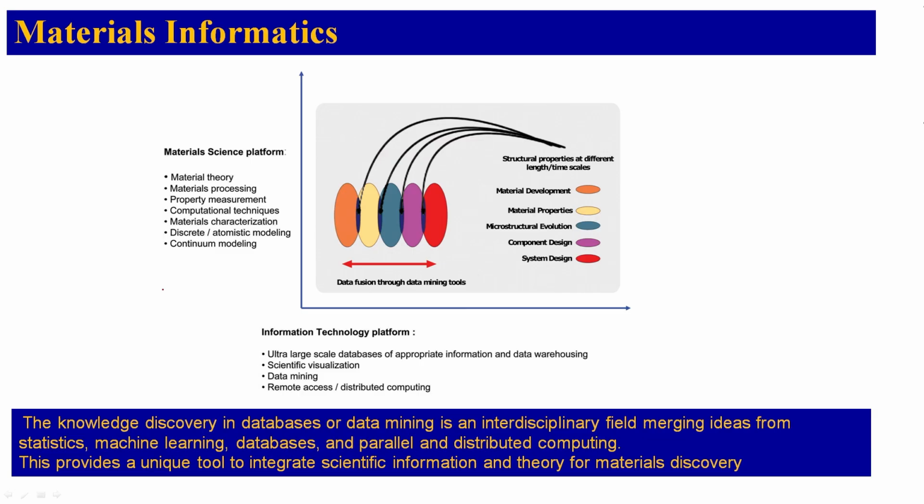Material informatics, as you understand, is a very important field of study, and it is going to be even more important than AIML, which you are learning now. How can you use material informatics to do all kinds of things? I talked about it.